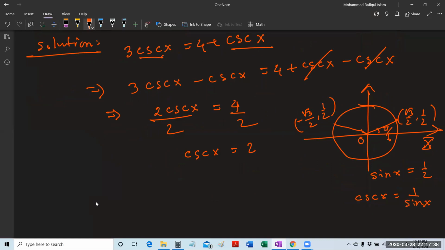So using this property, if x equals pi over 6, cosecant x will be 2. So from this line, we can write that x equals either pi over 6. Now, in order to find the other angle, let's say I don't know the measurement of this angle.